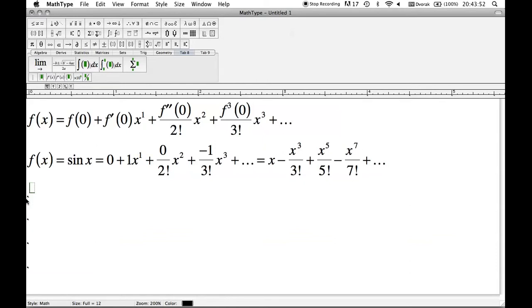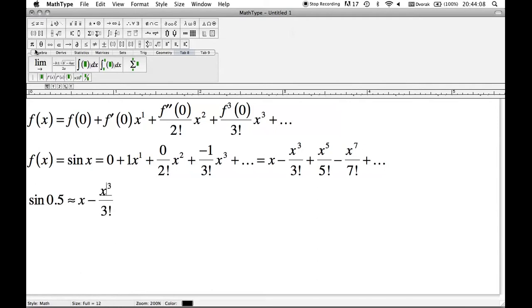by using an approximation. If we wanted to approximate a number close to 0, like sine of 0.5, let's use the first couple of terms. In fact, let's just use 2 to approximate sine of 0.5.